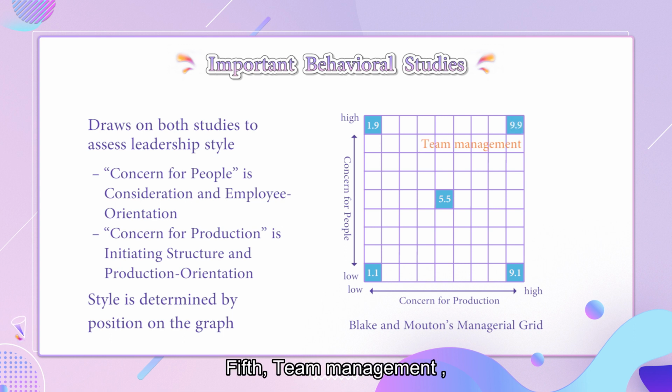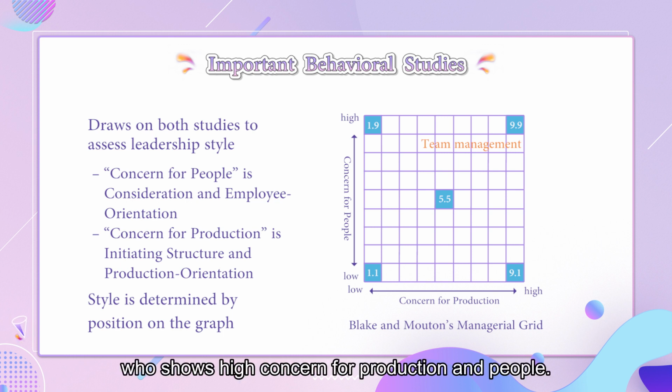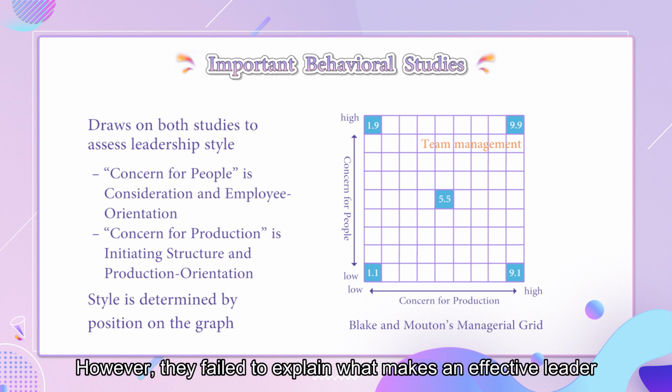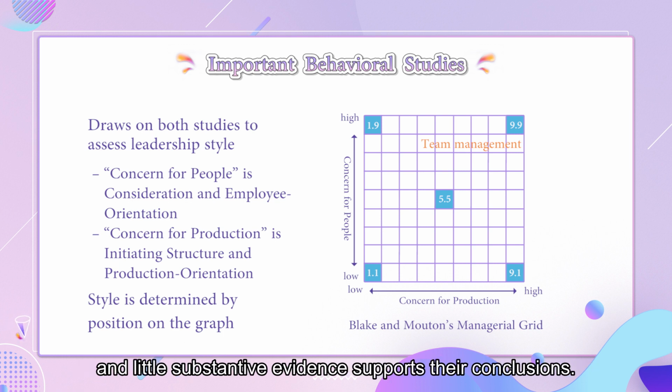Fifth, team management, which refers to the leader who shows high concern for production and people. Researchers indicated that leaders perform the best when using this 9-9 style, that is, team management. However, they failed to explain what makes an effective leader, and little substantive evidence supports their conclusions.